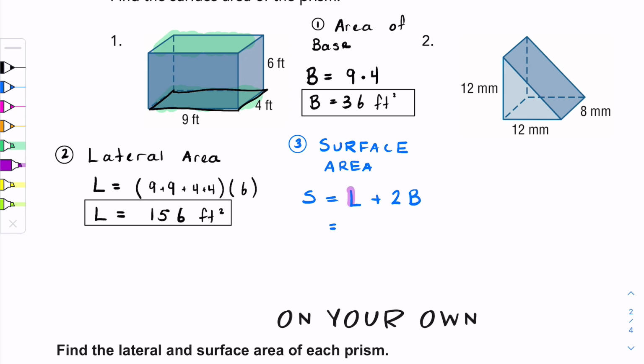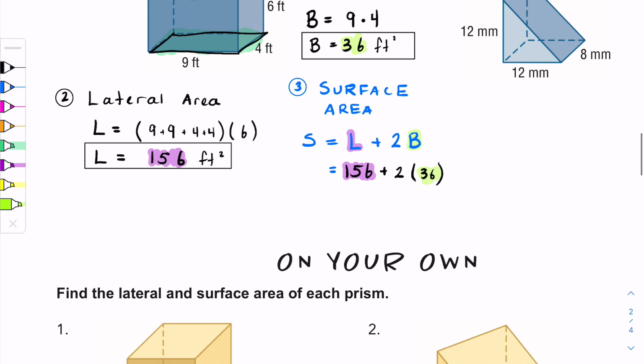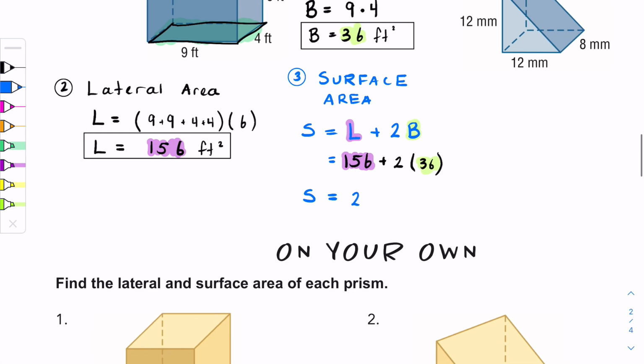So I know that the lateral area is 156, and I know that the base area is 36. So I'm going to substitute in 156 plus 2 times 36. And go ahead and notice that I'm using the colors to identify where I calculated this information. So the surface area is equal to, when you add these numbers together, 228 square feet.